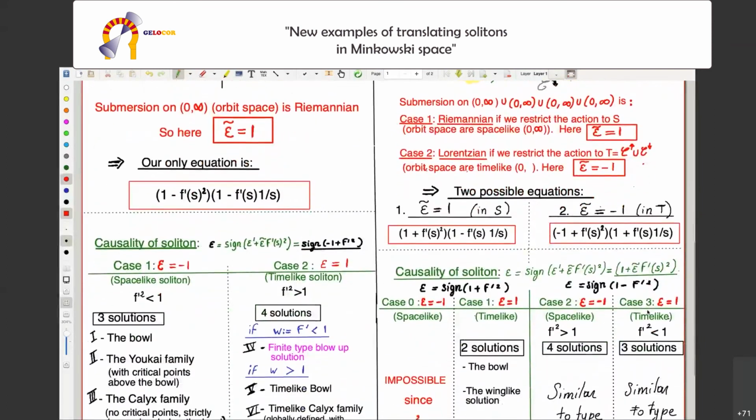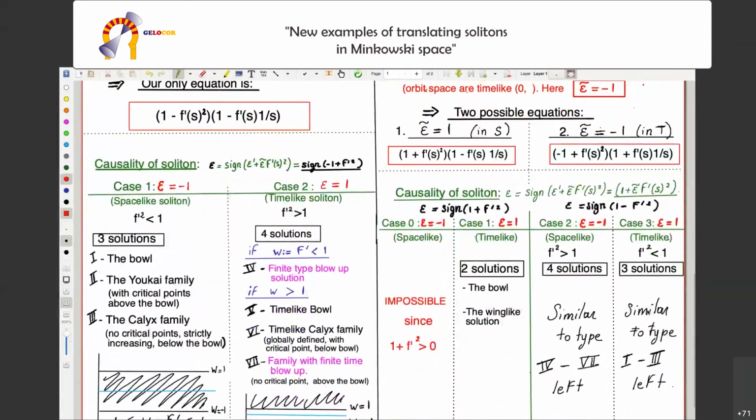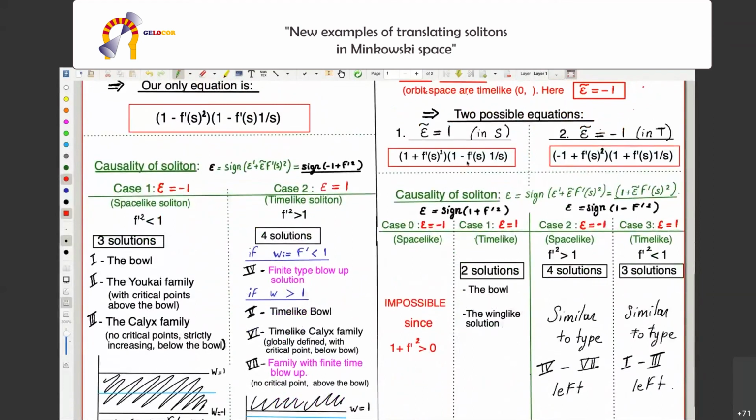So now we can look again at the causality of solitons. In each of these 2 cases, we have either that the soliton is space-like or that it is time-like. In the case where the submersion is Riemannian, we can't have a space-like soliton because 1 plus f prime squared is always bigger than 0, right? So we cannot have epsilon equal -1.